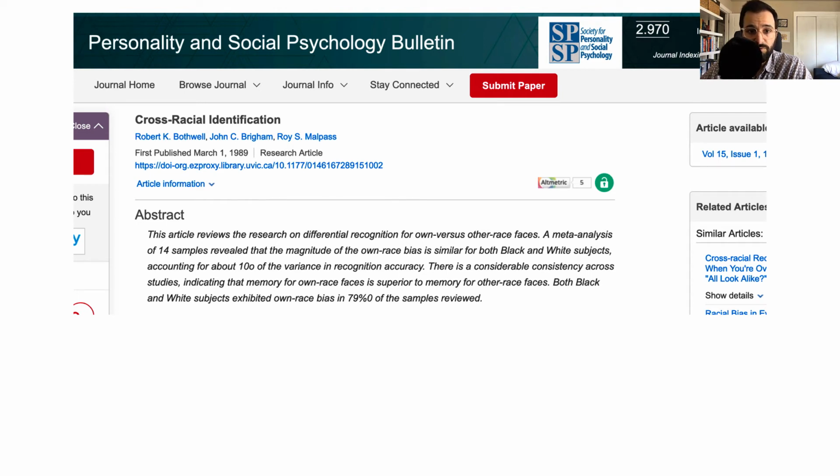People are a little bit better at identifying faces of their own race than they are at identifying faces from other races. This is also a handy paper to use because it helps you make the point that, especially early on in the life of this literature, this effect was typically only investigated with Caucasian and African American faces and participants.